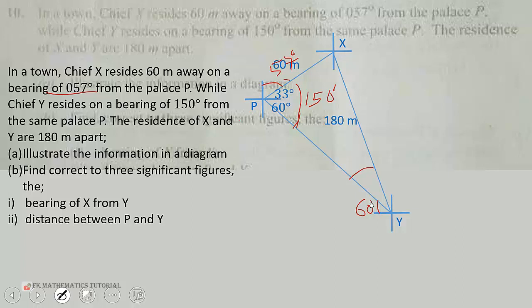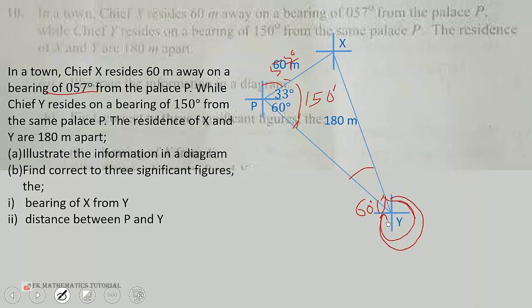Now we are being asked to find the bearing of X from Y. So we start measuring from here like this, until we get to this point. We know from here up to here is 270.